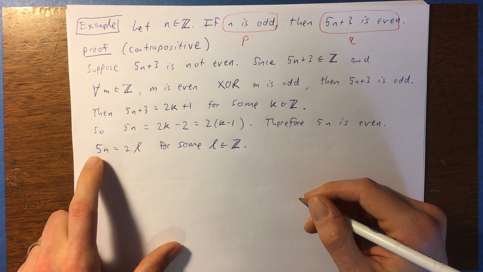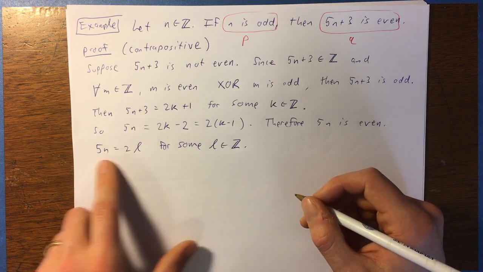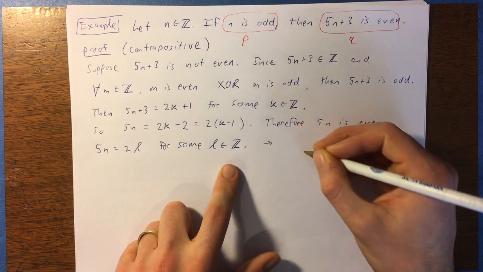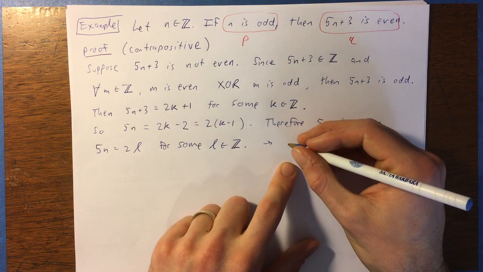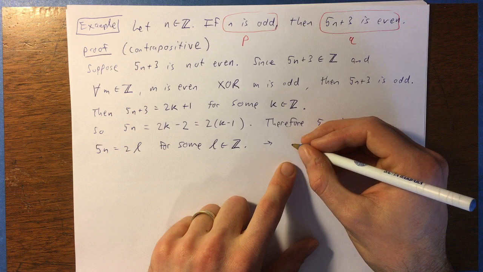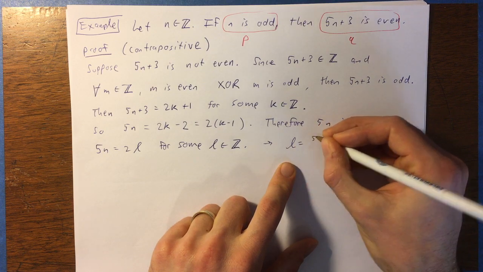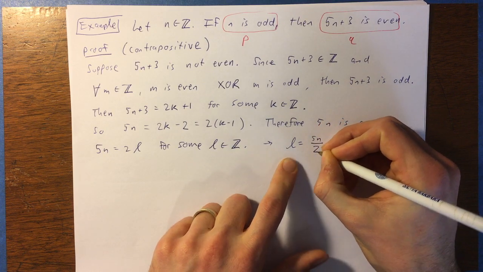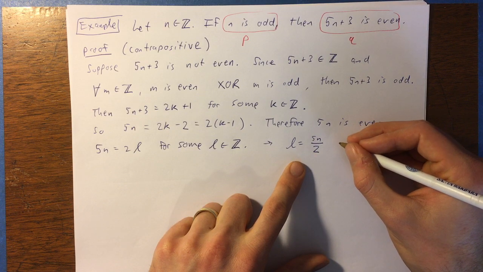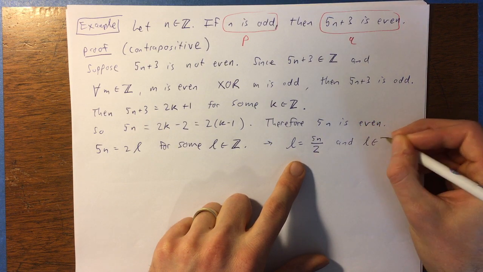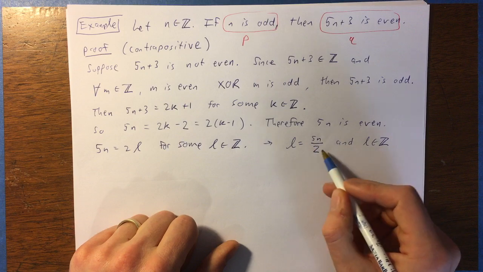It's even. All right, I'm following my notes here. I think the best way to do this is to say, well, then I can write l is 5n over 2, and l is an integer. So 5n over 2 is an integer.